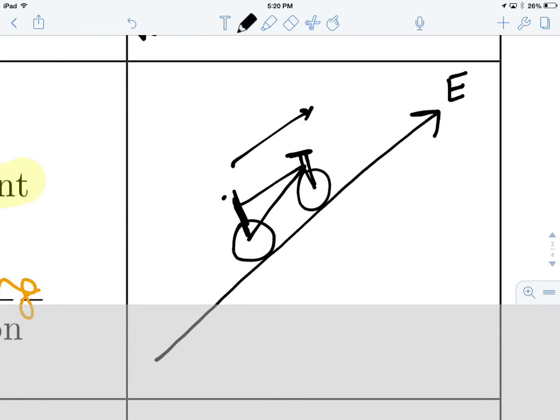Because it's going uphill, it will come to a spot where it eventually comes to rest. If it just glides and doesn't have someone pedaling, it will glide up, slow down, slow down, slow down. It's still moving in the east direction, but it's slowing down, and eventually it'll come to a stop.